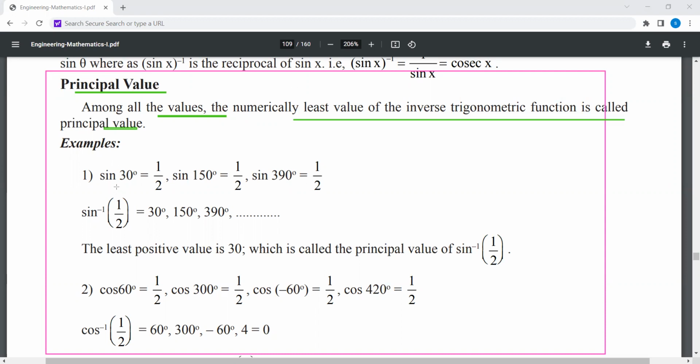Examples: sine 30 degrees is 1 by 2, sine 150 degrees is also 1 by 2, sine 390 degrees is also 1 by 2.